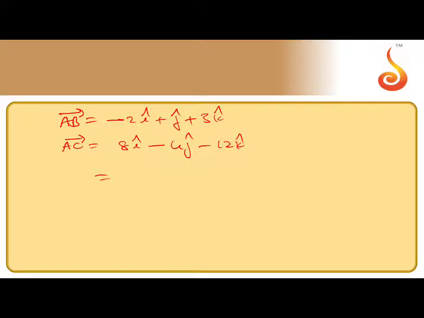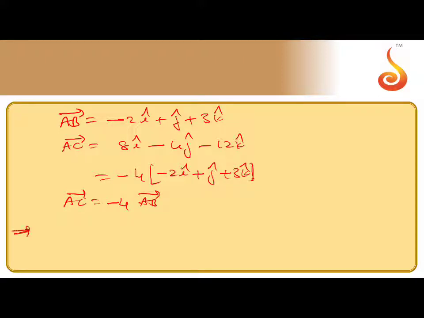If I take -4 common from AC, this gives -2i + j + 3k. So this is nothing but AC vector equal to -4 into AB vector.